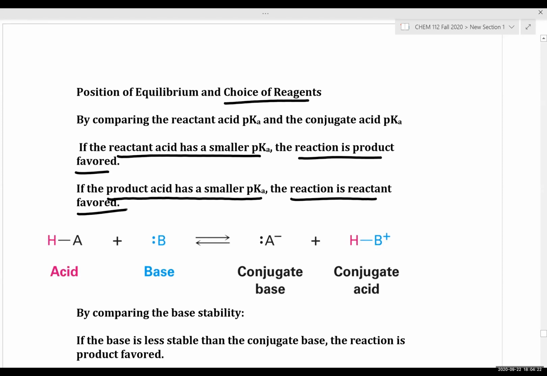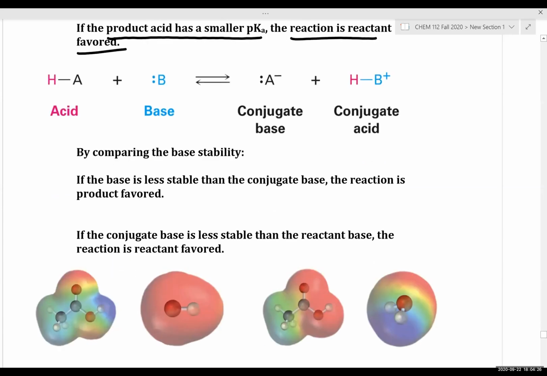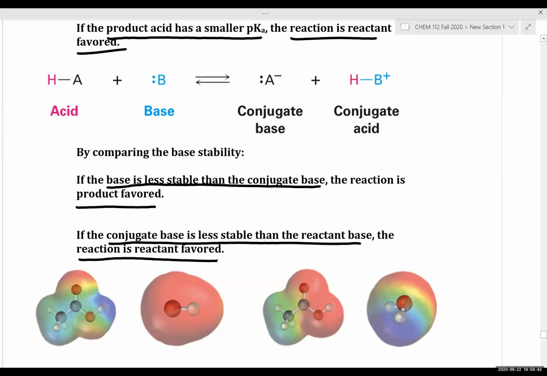If the product acid has a smaller pKa, the reaction is reactant favored. You can also look at reactions from the perspective of conjugate base stability. So if the base is less stable than the conjugate base, the reaction is product favored. If the conjugate base is less stable than the reactant base, then the reaction is reactant favored. That's another perspective you can use.